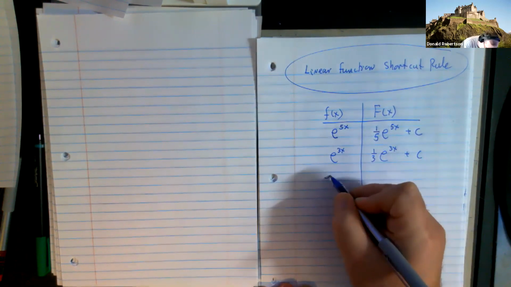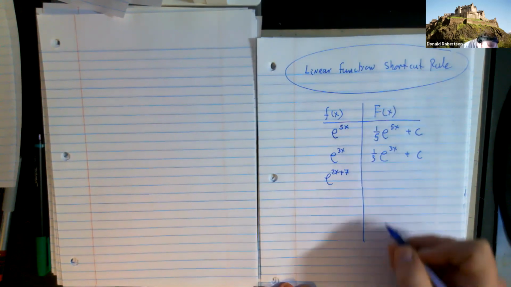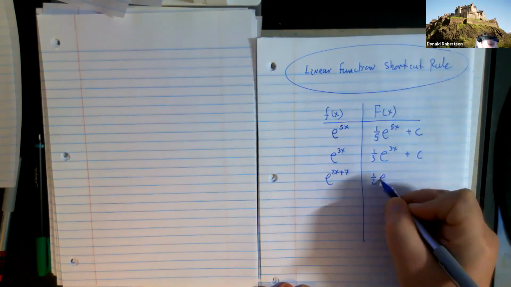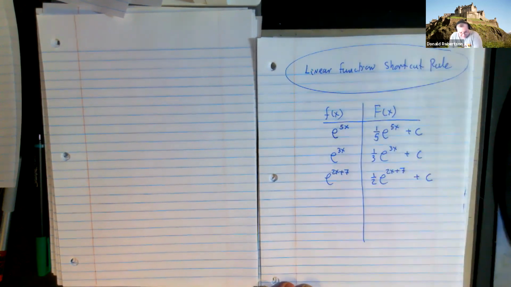And if you do e to any linear function, the answer ends up being that. Can you see a pattern in the answers based on the original? Because that's essentially what the shortcut is.